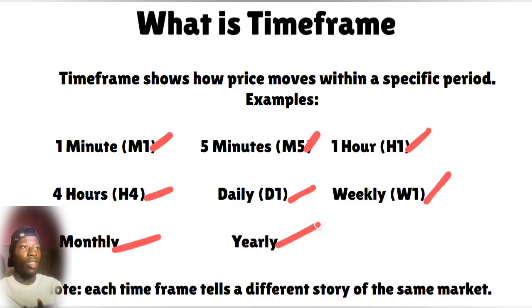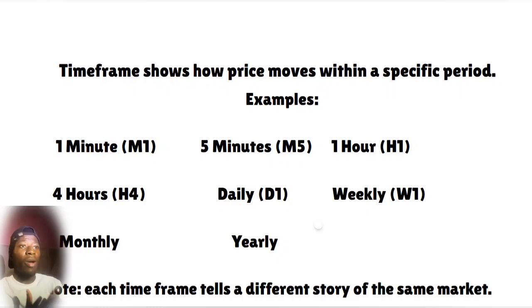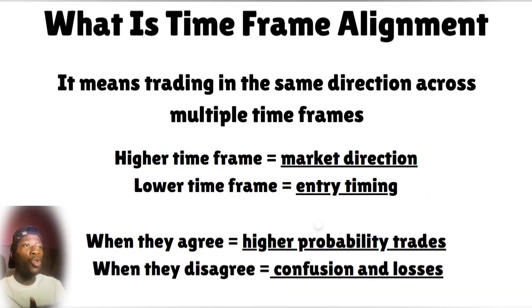Now let's move on to time frame alignment. Time frame alignment means trading in the same direction across multiple time frames, right? That is what it simply means. It helps us trade in the same direction but across different time frames, right? And the two major time frames there are the higher time frame and the lower time frame, right?